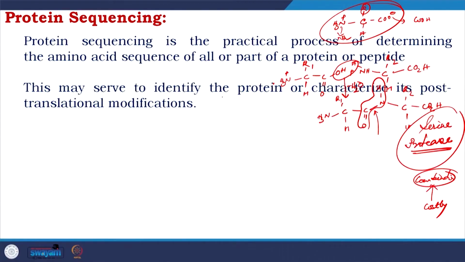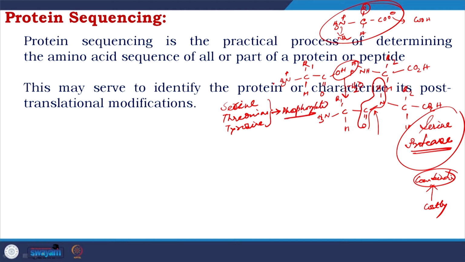Like there are residues having hydroxyl groups, like serine, threonine, tyrosine. They could be phosphorylated.